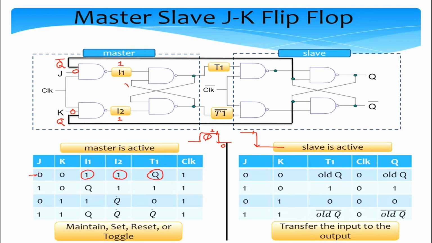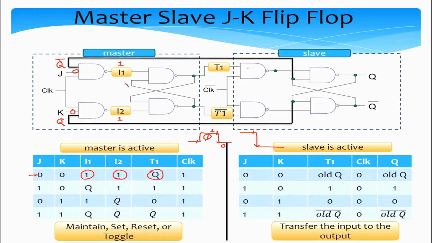Because the values of I1 and I2 are 1 each, so the latch will maintain its value. T1 will be the same as the old value of T1. What was the old value of T1? Let us consider this point of time. What was there in T1 got reflected in Q. So basically T1 is the same as Q.